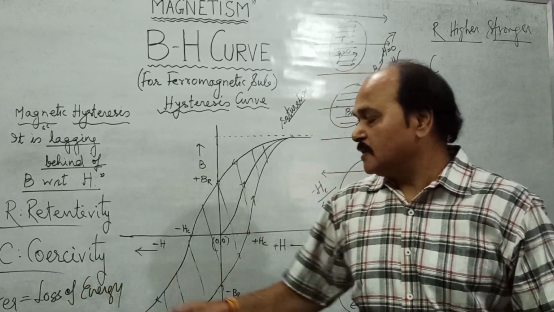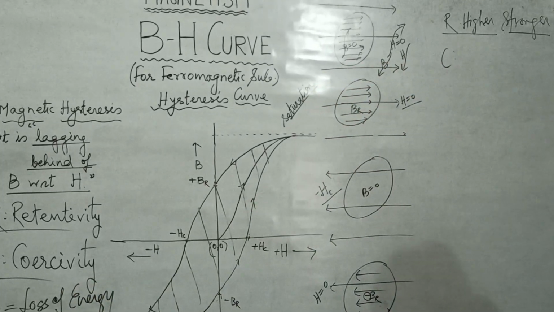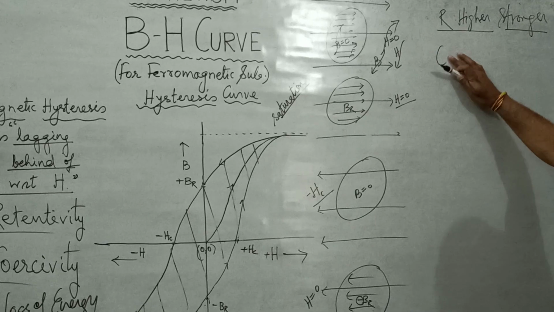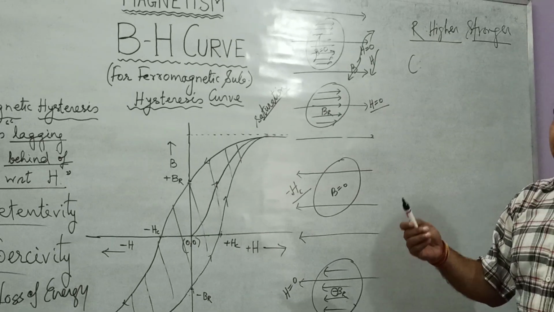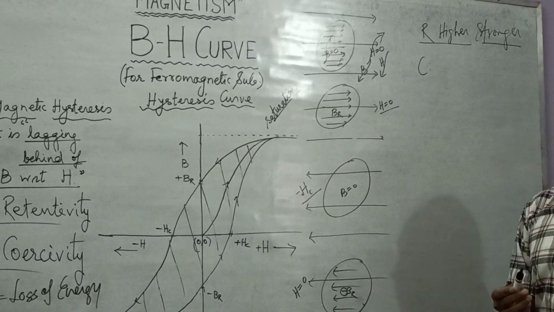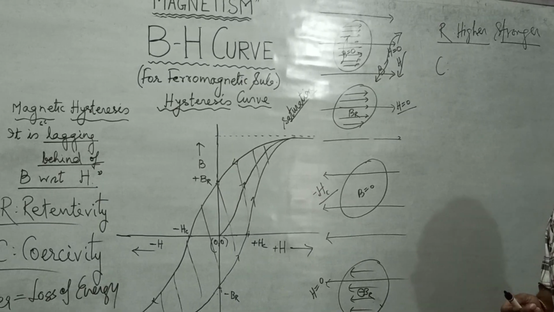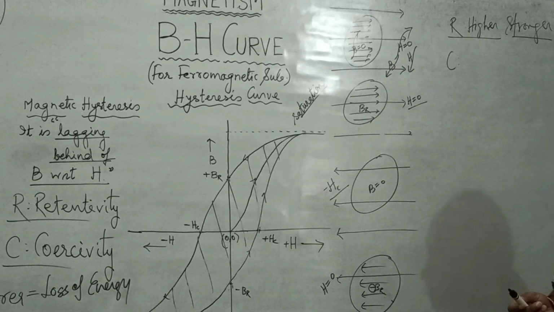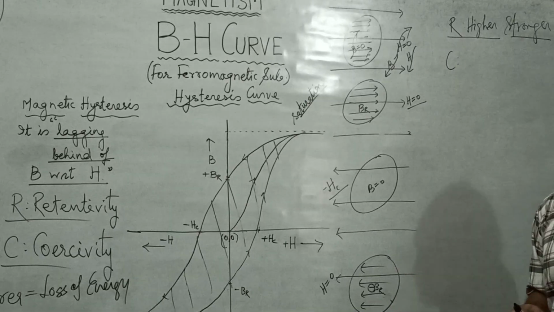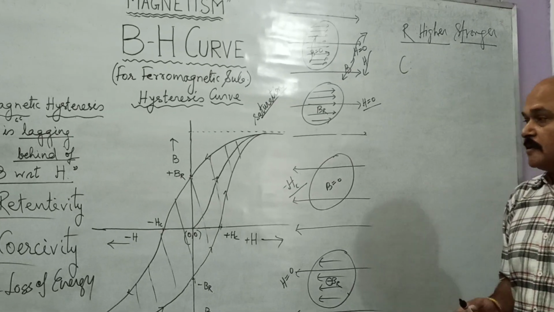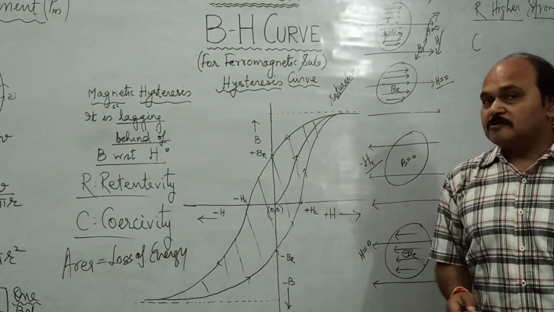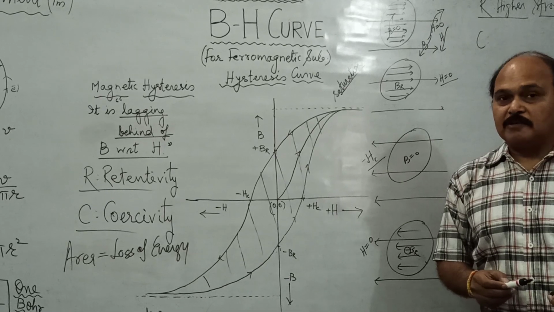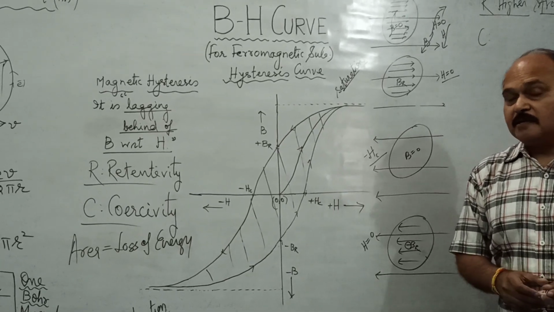So coercivity represents the ability of a substance not to get demagnetized. If coercivity is high, the substance is not easily demagnetizable. Retentivity high means the substance is going to behave like a stronger magnet once magnetized. And the area enclosed of course represents the loss of energy during one cycle of magnetization and demagnetization of the substance.